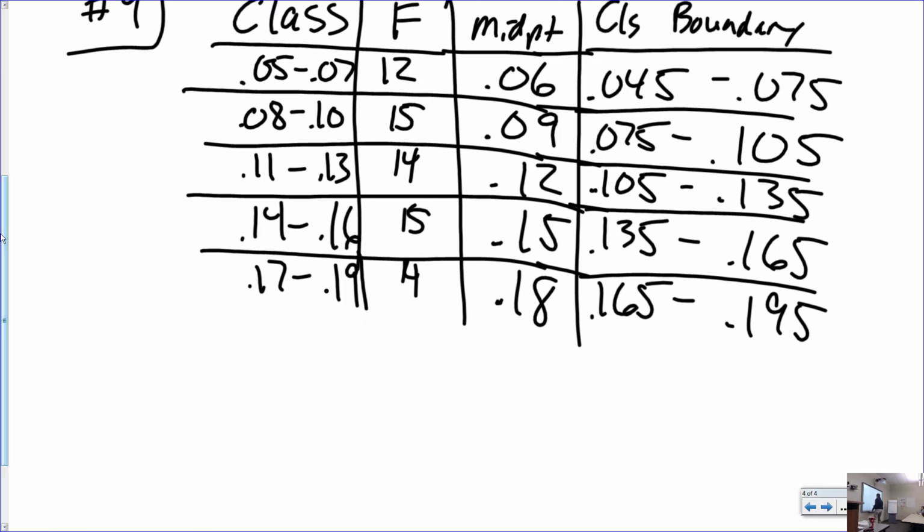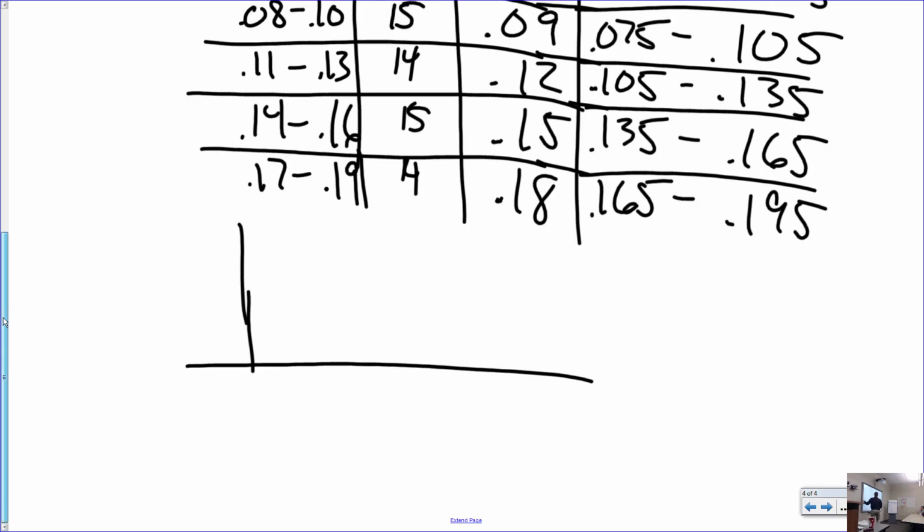Again, though, use them the way they're meant to be used, okay? So if I had to graph this particular set of data, if I was using the midpoint, 0.06, 0.09, 0.12, 0.15, 0.18. The midpoint, by definition, is the middle point.